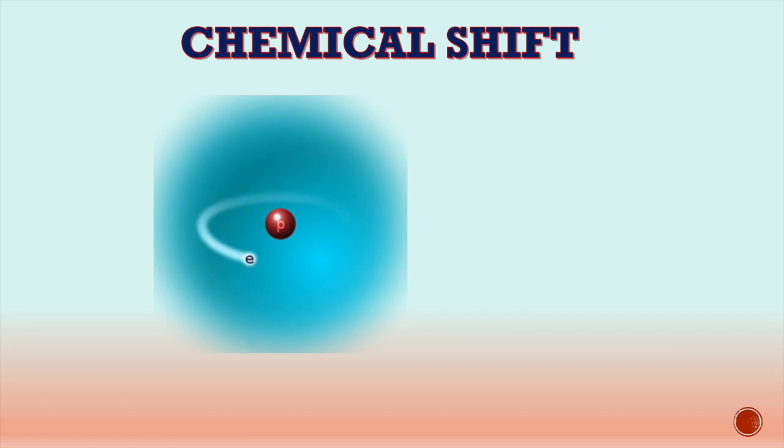So what is happening? Its electrons are caused to circulate, and in circulating they generate a secondary magnetic field around them, that is called the induced magnetic field.